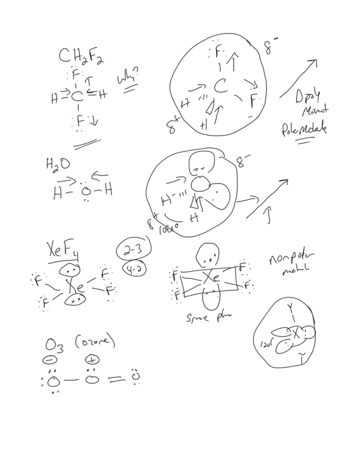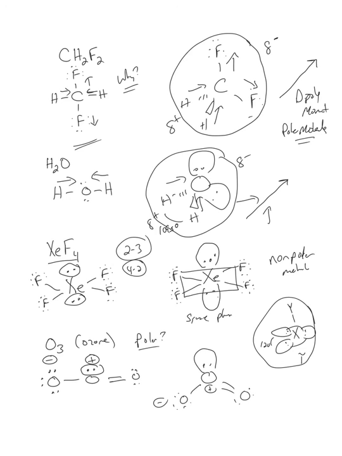Lastly, what happens when you're bonded to itself? Ozone is the classic example here. You would think because it's bonded to itself that this would be a nonpolar molecule, but it isn't. Ozone is polar. Why? Here the lone pairs come into question. When I actually draw the VSEPR structure, you'll notice that the lone pairs do make for the bent shape.